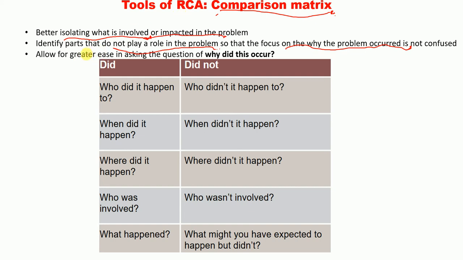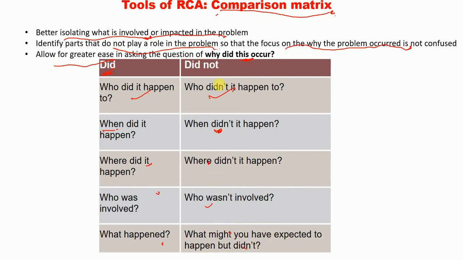The comparison matrix allows for greater ease in asking the question of why did this occur. For example, we can make a chart like this: did or did not. Who did it happen to, who did it not happen to? We ask these questions and list the answers. When did it happen and when did it not happen? Where did it happen, where did it not happen? Who was involved, who was not involved? What happened, and what might you have expected to happen but did not happen?